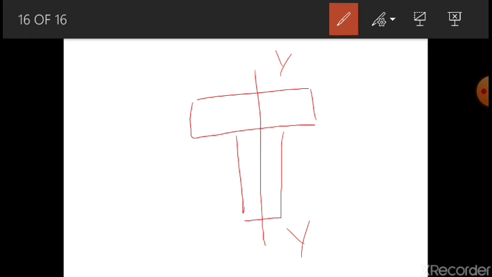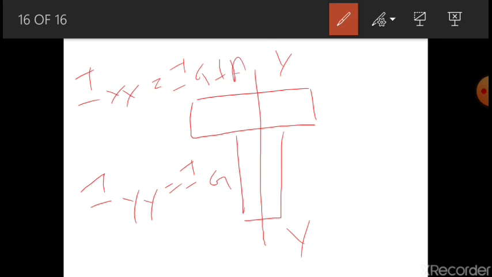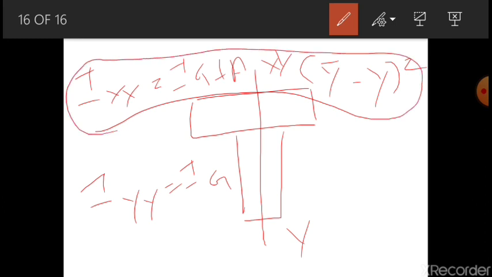So in that case, your Iyy will be only Ig, and Ixx will be Ig plus A into y bar minus y the whole square. This will be the whole formula for Ixx. Only in the direction in which it is symmetrical, in that direction the term drops out.